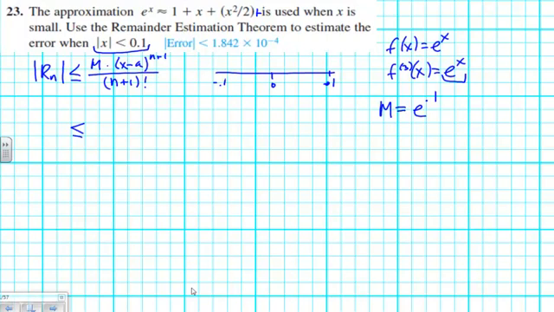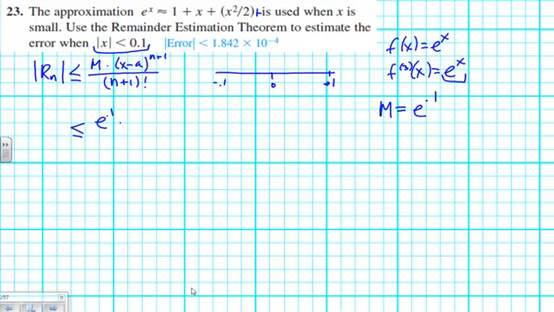The remainder has to be less than e to the 0.1 multiplied by (x minus a) to the n plus 1 power. In this instance, what is a? Well, that Taylor series representation of e to the x is centered at 0, so a is 0. So really we're just talking about x to the n plus 1.